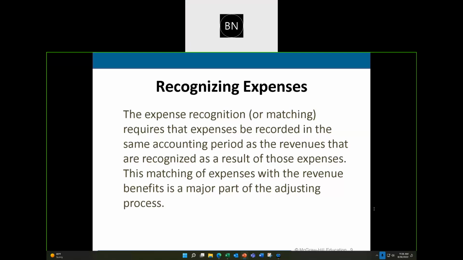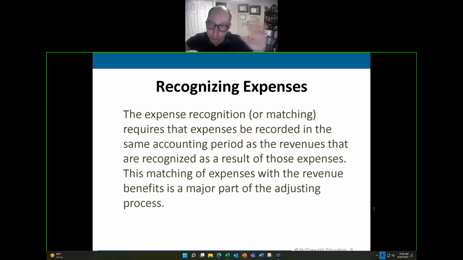Yes, I know it can be confusing, especially when we're learning about two different systems. So throughout most of this course, everything's going to be based on the accrual system. That's why I want you to understand the difference between the two, but I also want you to understand the concept behind the accrual system and how it works.